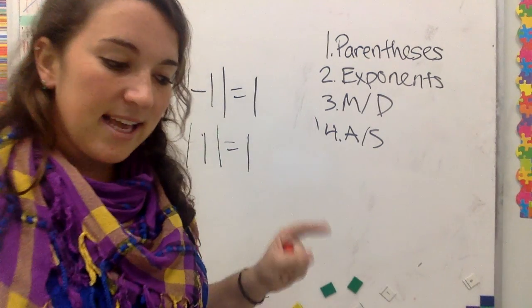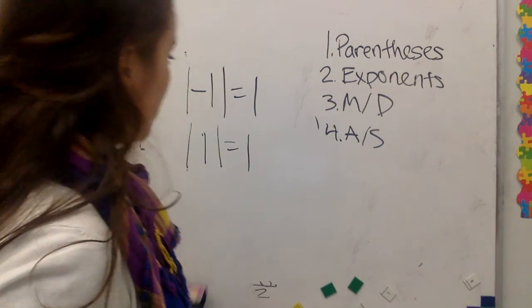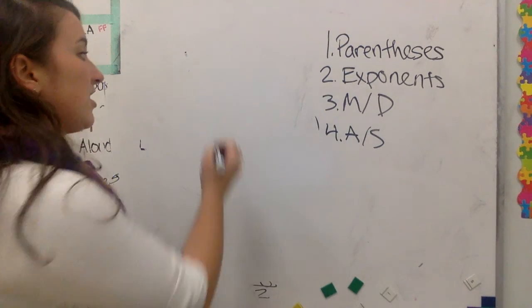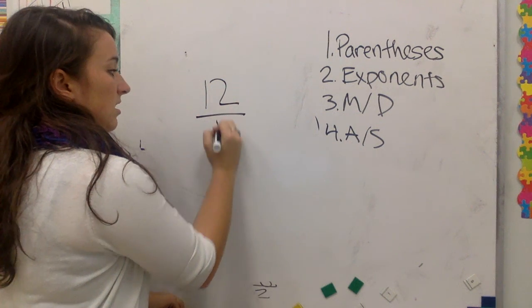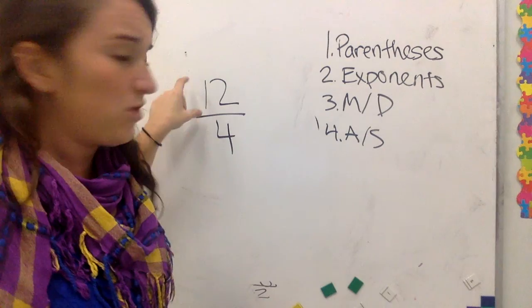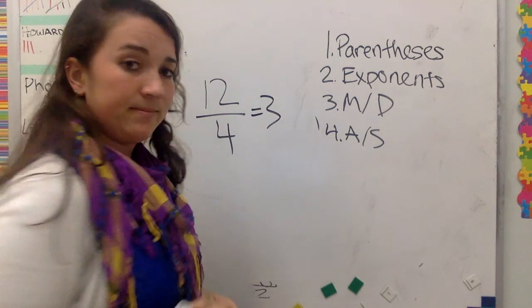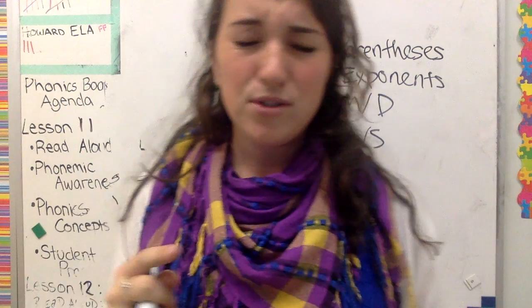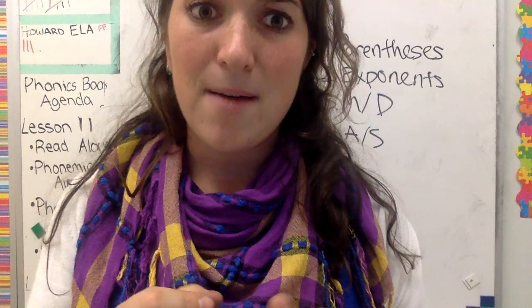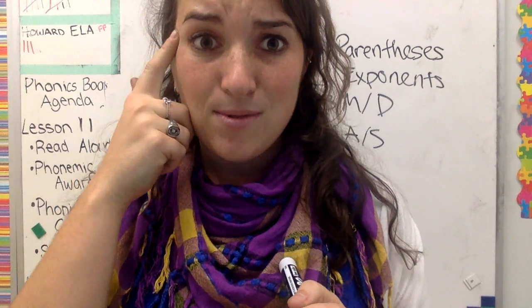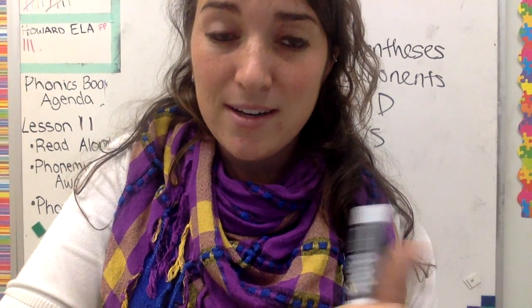And then the last thing that you have to look at is 12 divided by 4 as a fraction, which is the same thing as dividing 12 into 4 parts, so it's going to equal 3. All right, as long as you have those two things, I think you should be able to do the rest of them on your own. I know it's been a while since we've done integers, but I know you guys can do it. Good luck.